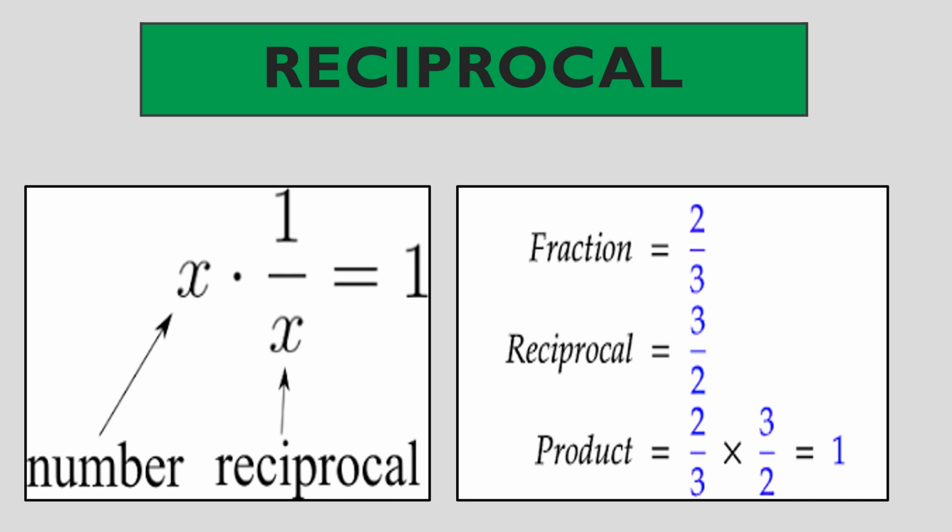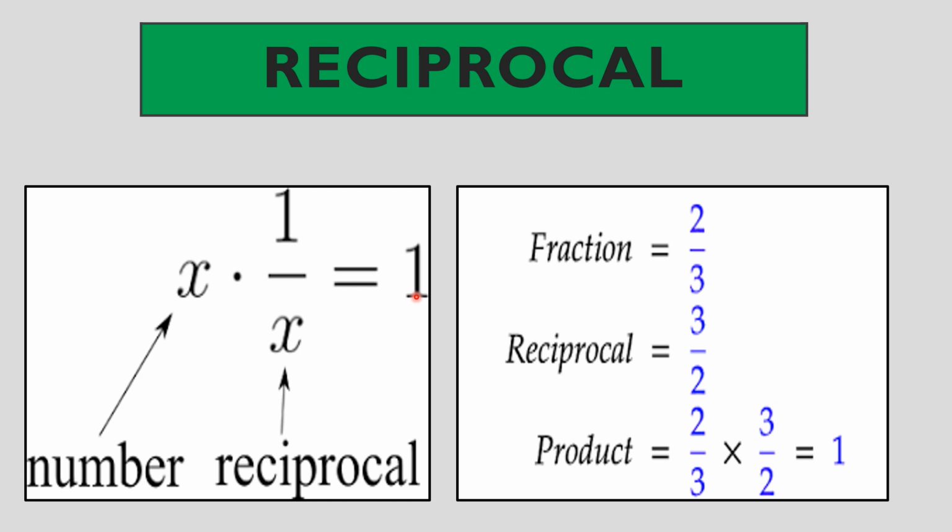Now, before doing division, let us know what a reciprocal is. Children, the reciprocal of a number is what? Suppose the number is x. You take an imaginary number x and multiply it by 1 by x. Now 1 by x means division, and this is multiplication, so you can cancel x and x.